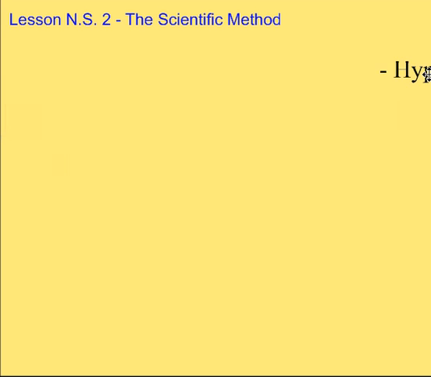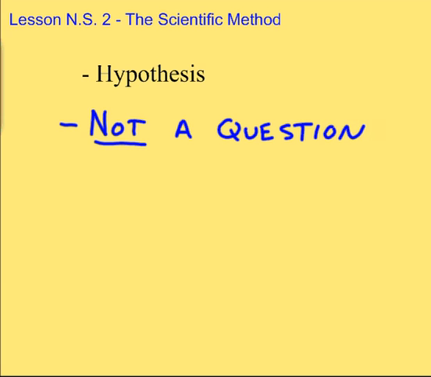Now, I want to talk a little bit more specifically about hypotheses. Hypotheses should not be written as a question. A hypothesis is an answer to a question. It's what you think the answer to the question or the problem is, so they should not look like questions. Very often, hypotheses are going to be written in the if-then form.